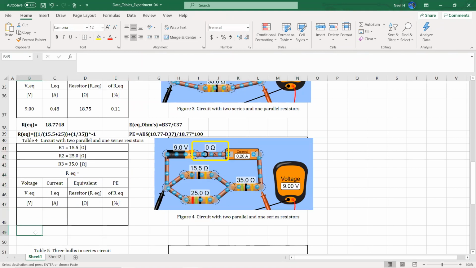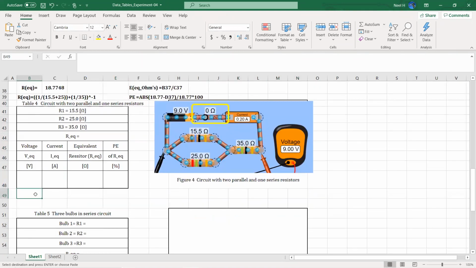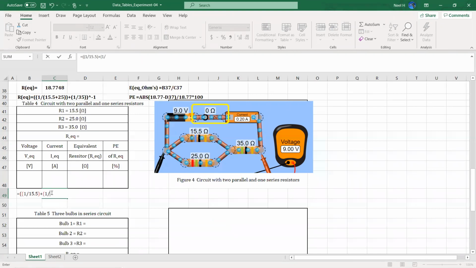This we are again going to do somewhere here under the table. R equivalent equals, let's write the function in the next line, next cell. Equal sign, parentheses, another parentheses, 1 over R1 15.5 plus parentheses 1 over R2 25, close brackets, power minus 1, plus R3, just 35.